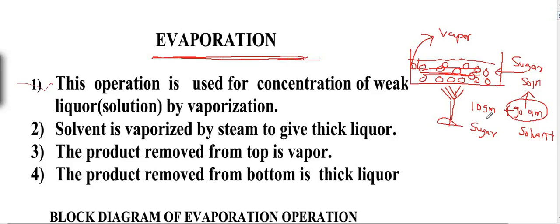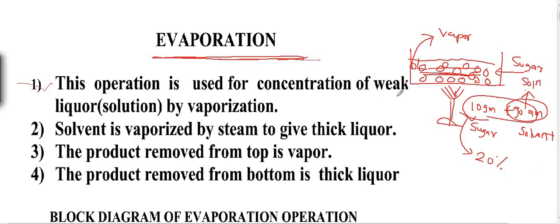Due to that, the concentration of this weak liquor increases. So initially, suppose it is 10%, that gets converted to 20%, 30%, depending upon how much water is vaporized.